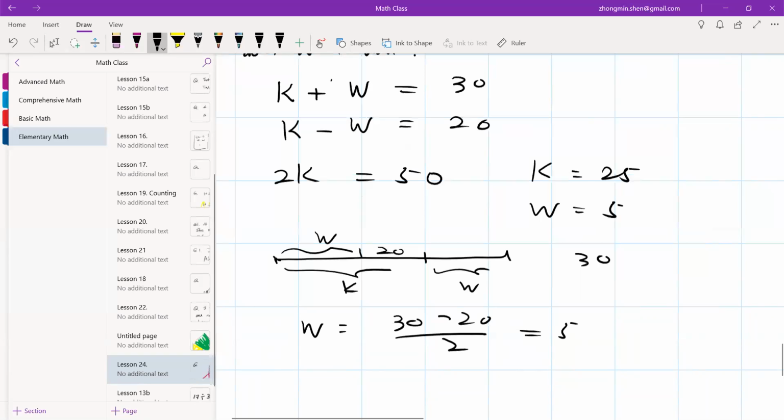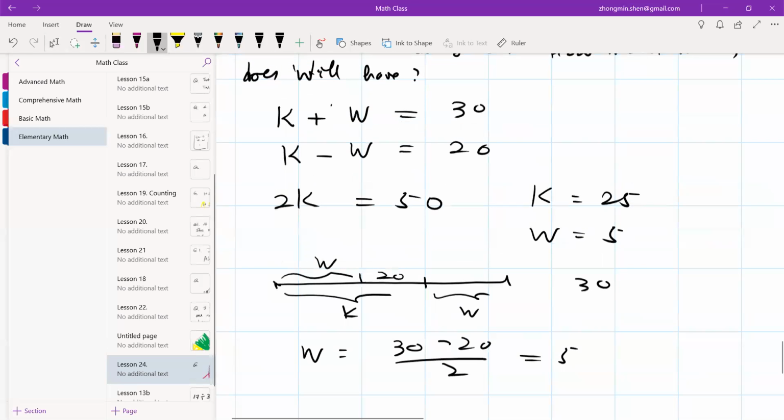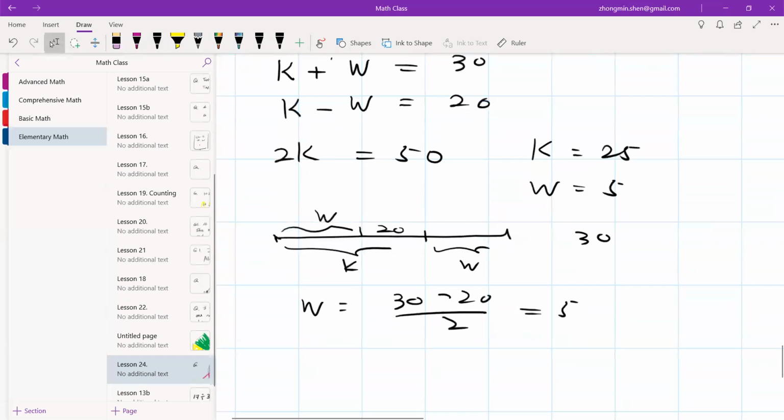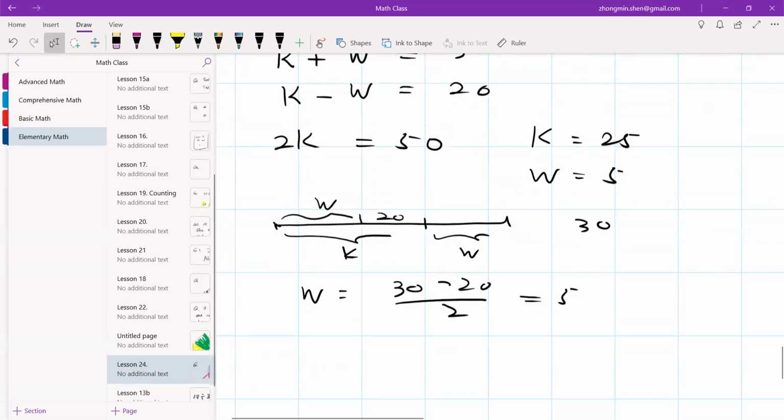W plus 20 plus W equals 30. So double of the W should be 10. The W should be 5. So 5 plus 20 plus 5 is going to make 30. That's what we do. You don't need to list two equations without drawing a picture. A picture helps you to understand the problem.